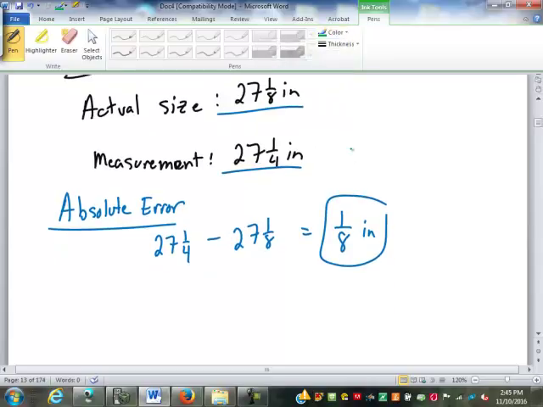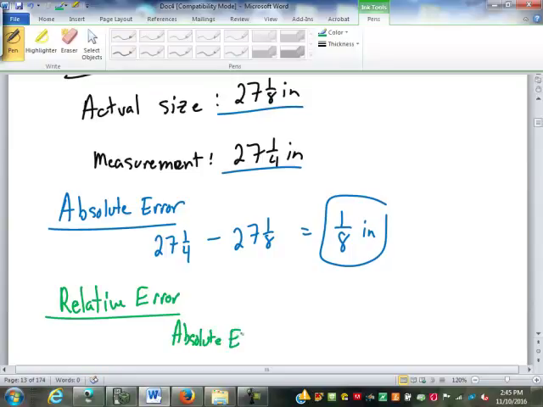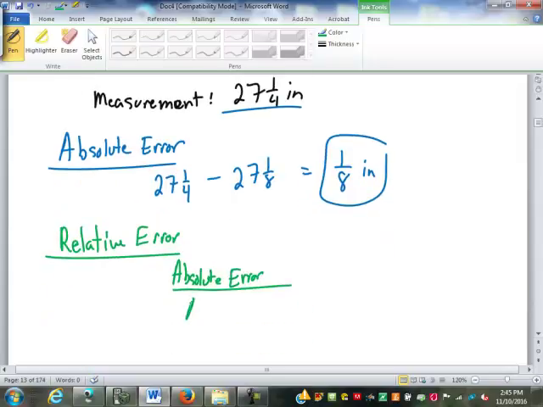The relative error is related to the size of the object, kind of like that relative allowance or relative tolerance. It was a percent. Well, our relative error is the absolute error divided by the actual size.